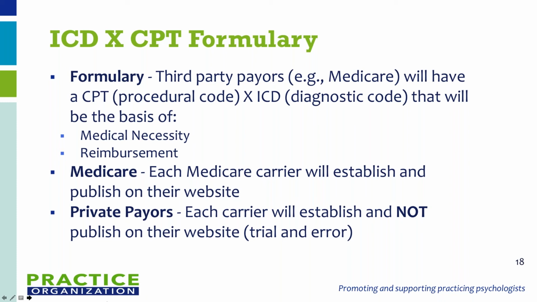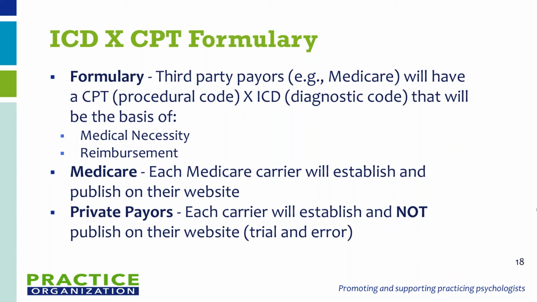How about this idea? How about depression, refractory depression? Why not pursue a neuropsych evaluation? Well, most carriers will not allow a CPT code, for example, testing with an ICD code, example, depression. That formulary is atypical. That combination is very unusual.